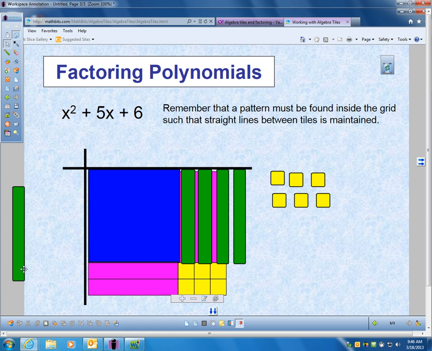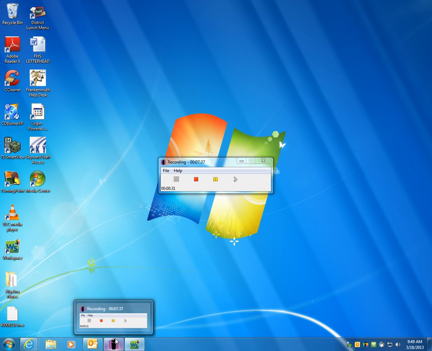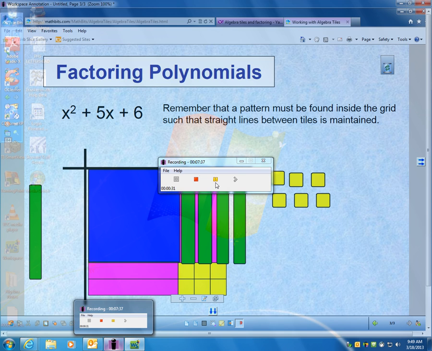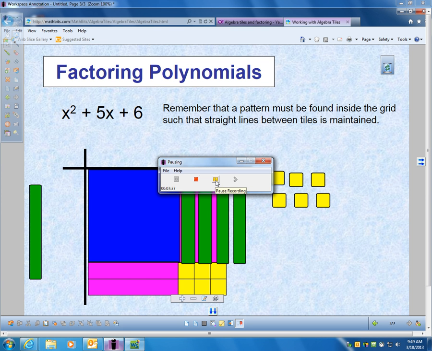So I know I can twist this somehow. How can I do that? I'm going to pause the video till I learn how to twist it. Just a second here. Okay, I'm back. I just figured this out.